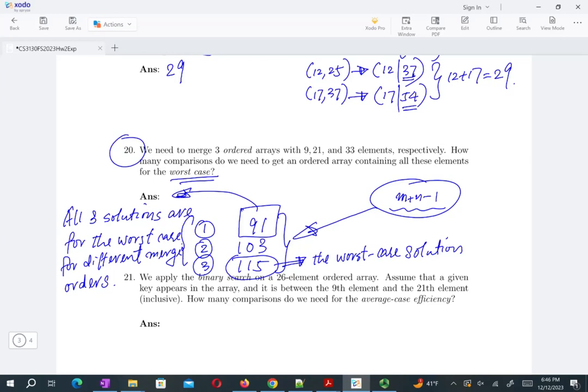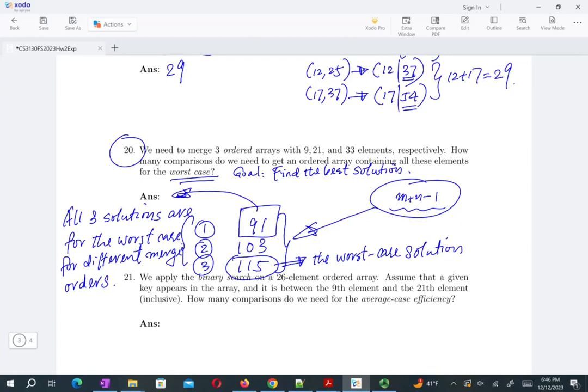But our goal here, when you have several solutions, is to find the best solution, not the worst solution. People always want to find the best solution.